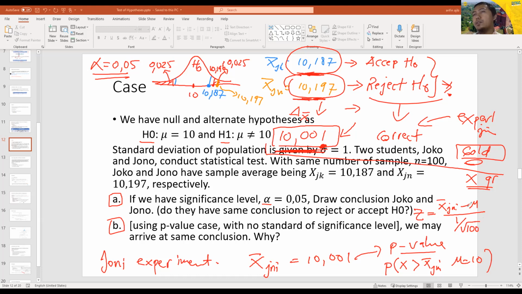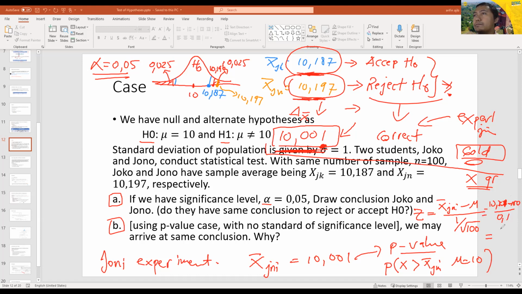So it is 10.000001 minus 10, and then this is 0.1.